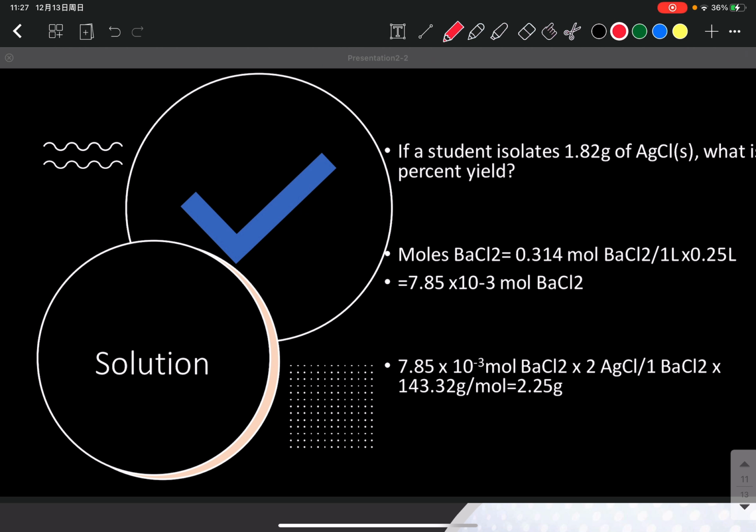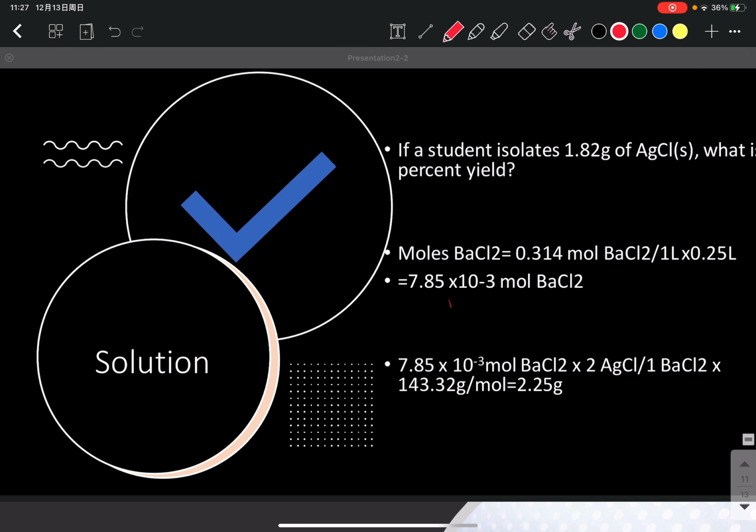So here is the calculation of the molar mass of BaCl2. And then we use the molar mass of BaCl2 times the ratio, and then we get 2.25 gram.